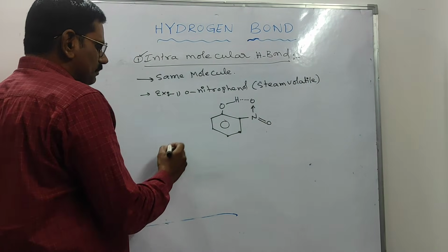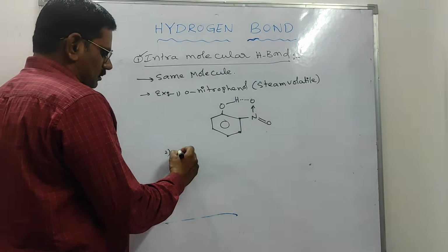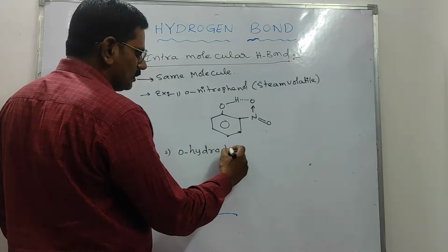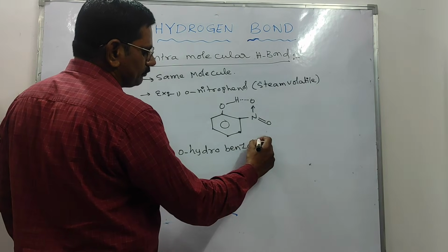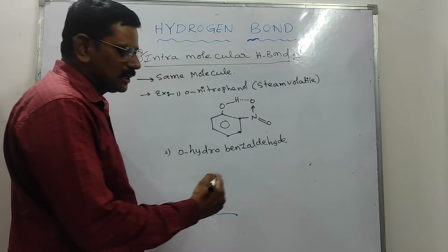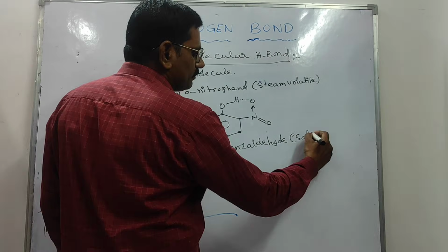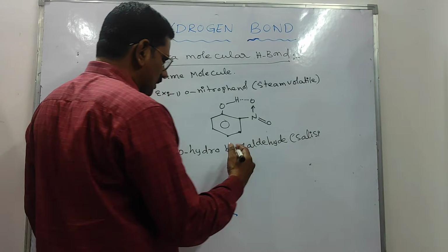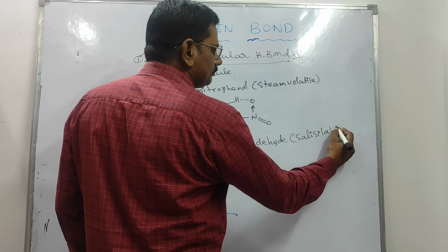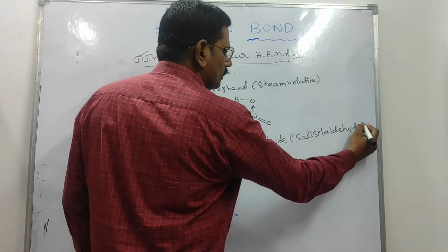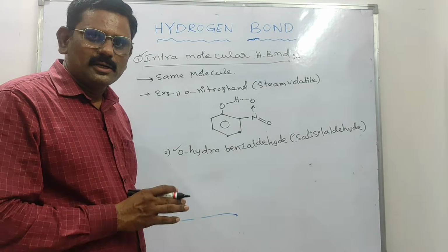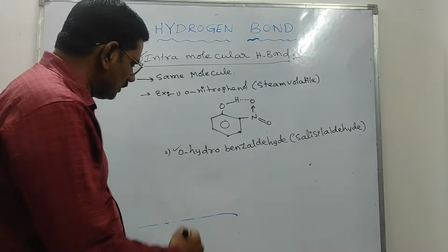The second example I am taking is orthohydroxybenzaldehyde, commonly called salicylaldehyde. It is a product formed in the Reimer-Tiemann reaction.